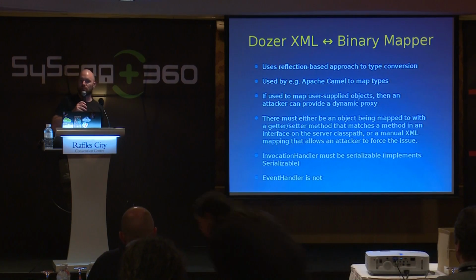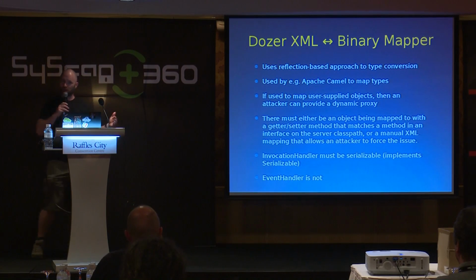And it's doing this using the binary deserialization mechanism. So if you can set up the right conditions, you could actually use this to exploit a similar issue. And I went down this kind of rabbit hole here and I sort of got lost. I was thinking, oh, I've got this great 0-day in Dozer.